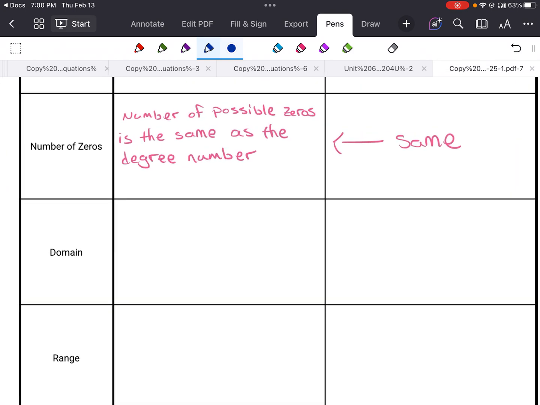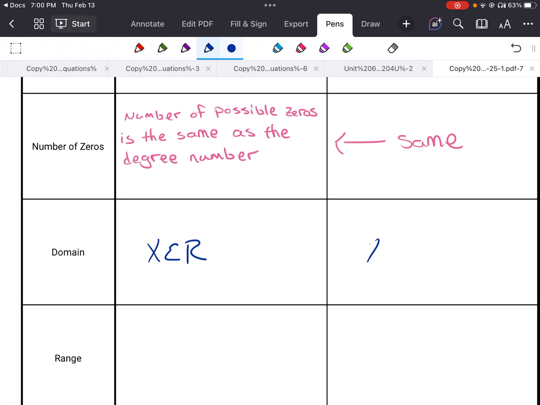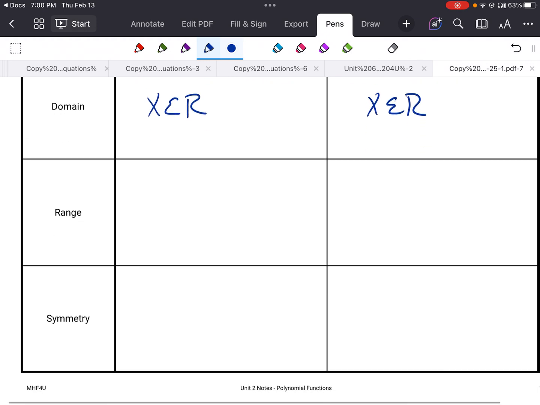Okay, domain for either odd or even degrees will just be x ∈ ℝ unless otherwise stated. The range. The range has restrictions.